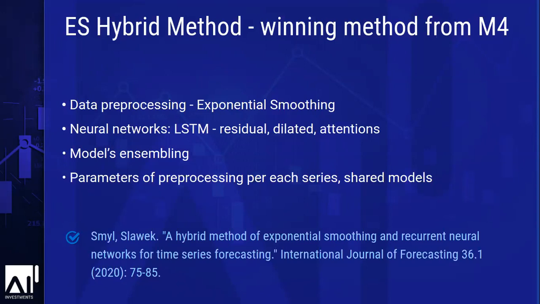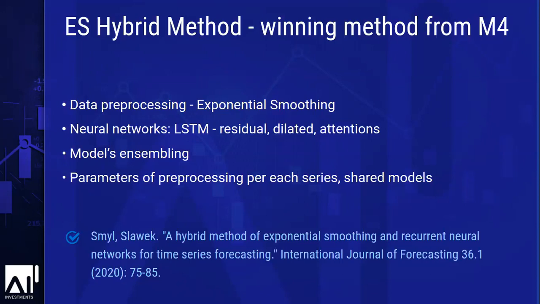So there is one backpropagation process which trains the neural networks and also trains the weights, the parameters of the exponential smoothing. So that's the first innovation.